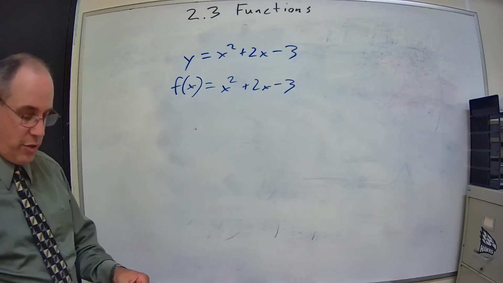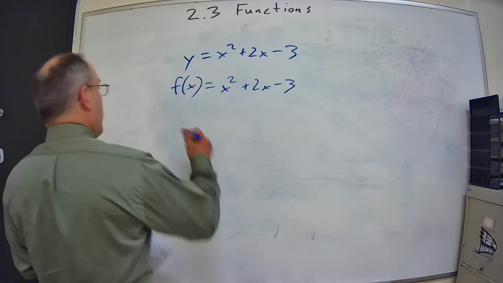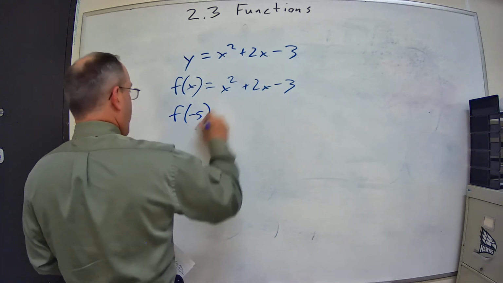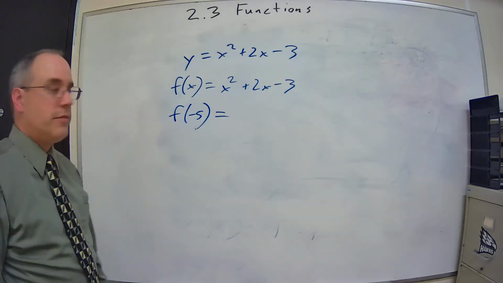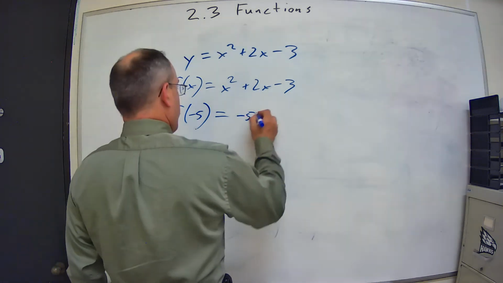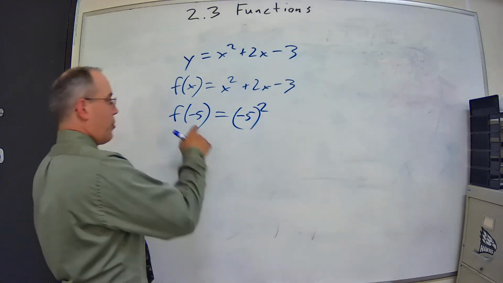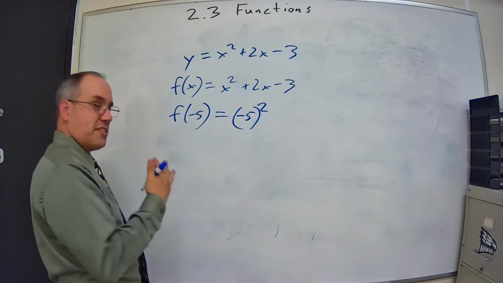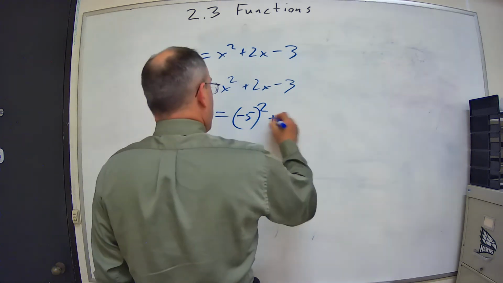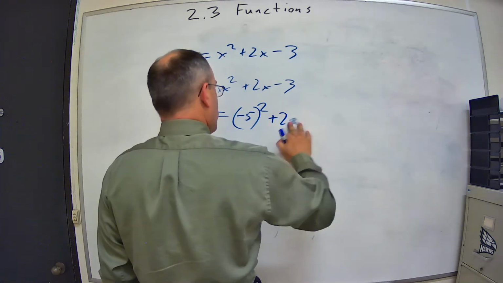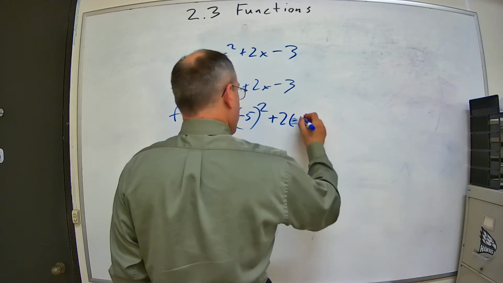Now that I have function notation, I can say, well, f of negative 5 is equal to what? Negative 5 squared, remember we're plugging in negative 5 for each of the x's. That's all it's telling us. Plus 2 times negative 5.